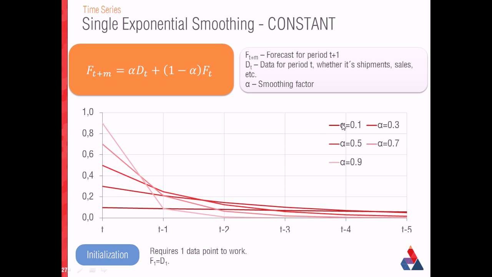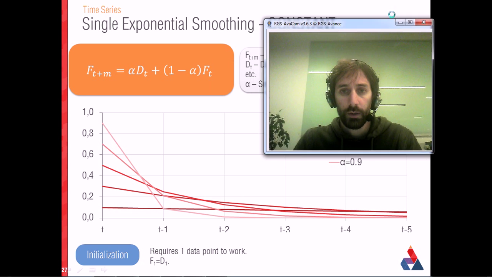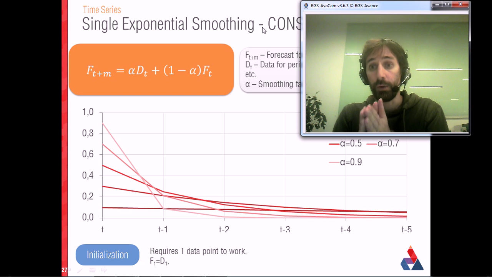For example, for data point 11, you are weighing data point 10 with a weight of alpha, and you're also weighing data point 9 with a different weight, and so on until the first data value that you have. The weights decrease as you go further back in time, so the latest values have more weight for the forecast than the original values. And this can be tweaked with the alpha parameter.